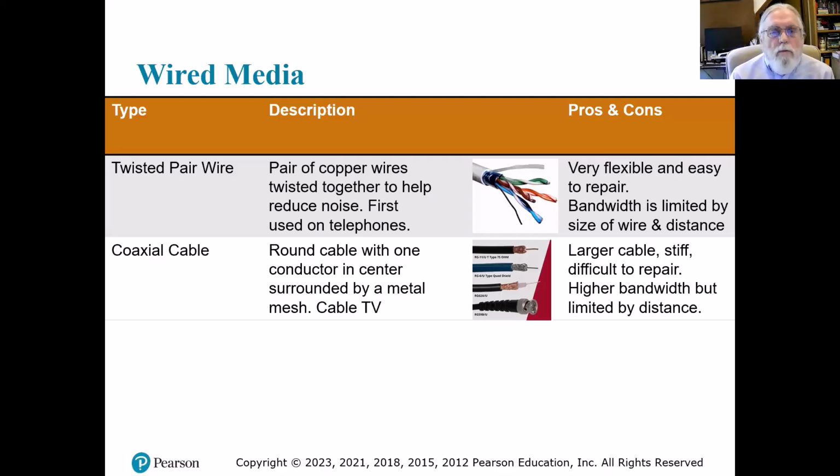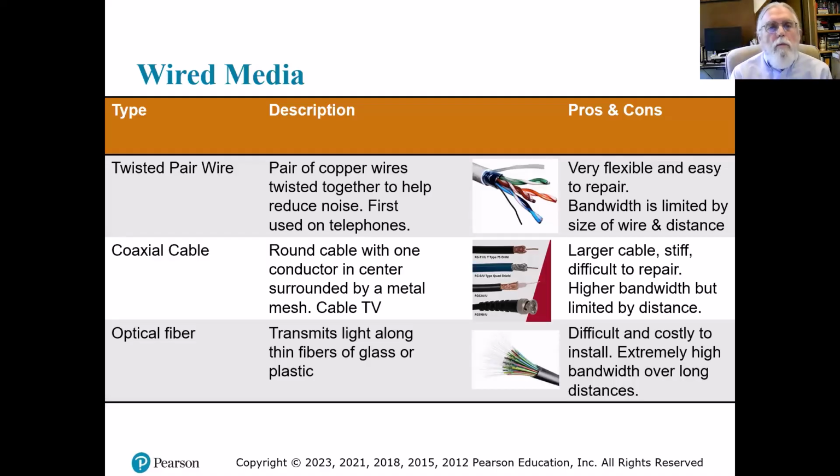And as you go over a distance, the signal gets weaker and weaker. Just like with the twisted pair, you can have repeaters installed and boost it back up. That can allow you to go longer distances, but it doesn't address the bandwidth issue. It's still going to be limited by the physics of electrons traveling down copper wire.